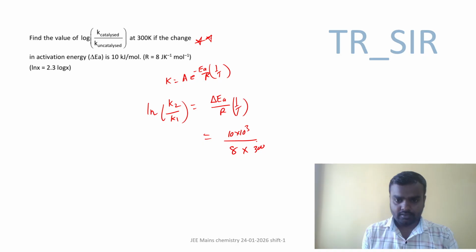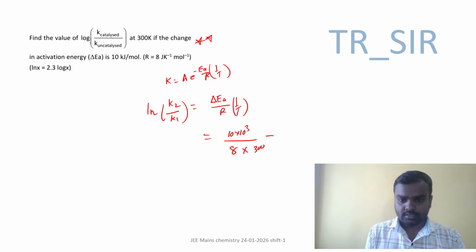Now we are getting like this. So let us see here: 10,000 by 300 into 8. You got 4.166. So what we got here is the ln term, but they're asking the log term, no?